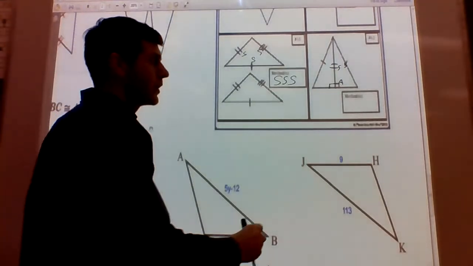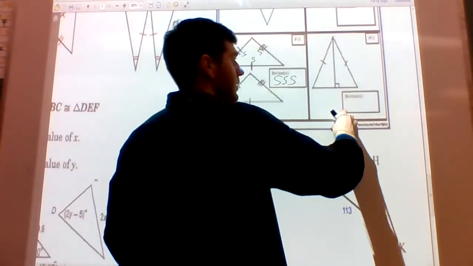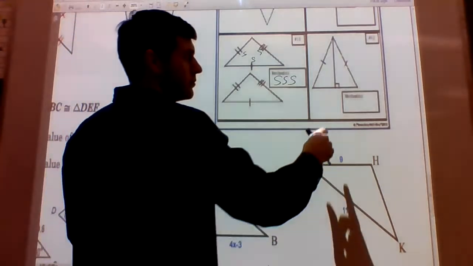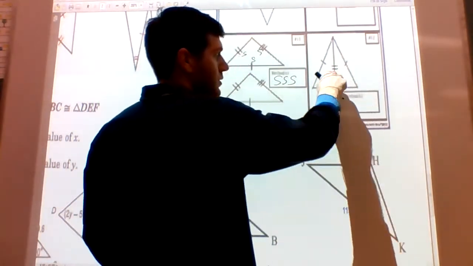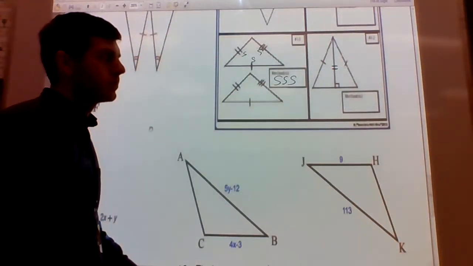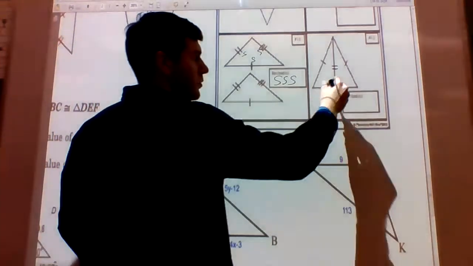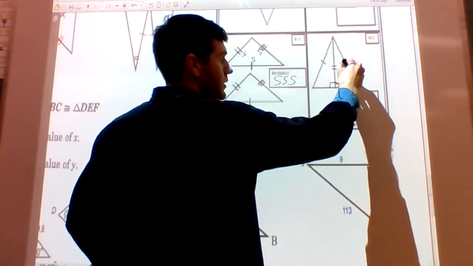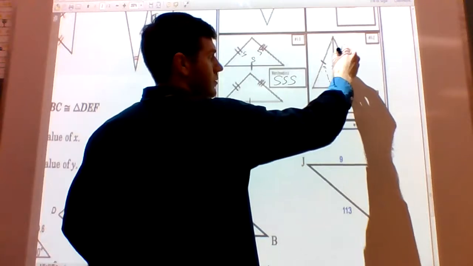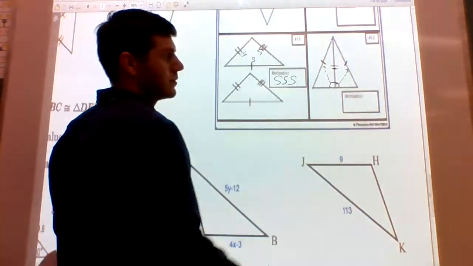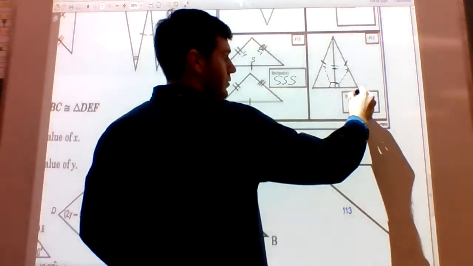So we have to rethink it. Since we have a right angle, we should try hypotenuse leg, so we still have a reflexive side. The hypotenuses we know are going to be congruent, and then we have a pair of legs that's congruent. So we're going to use hypotenuse leg.